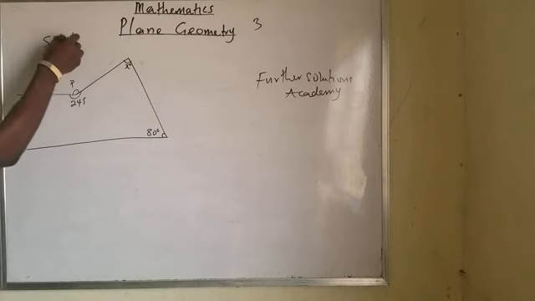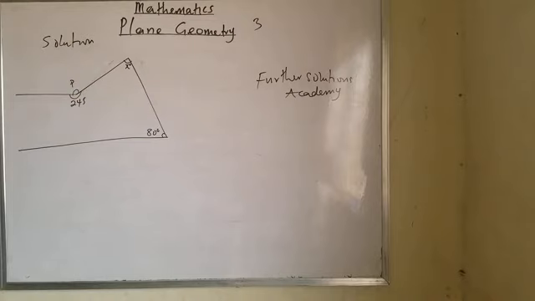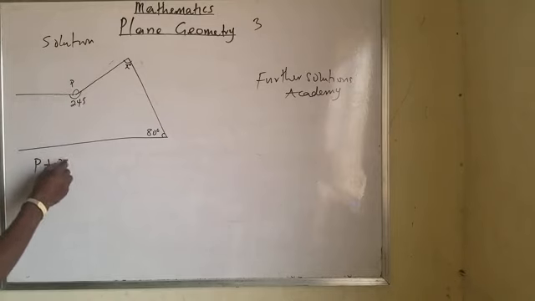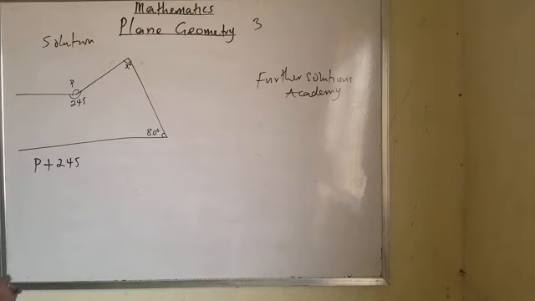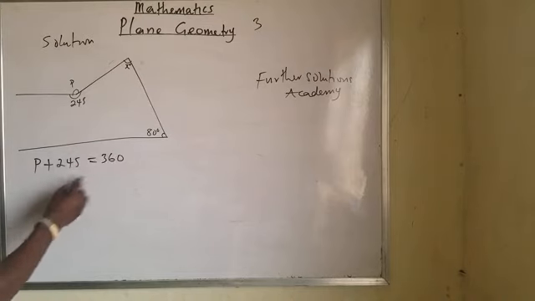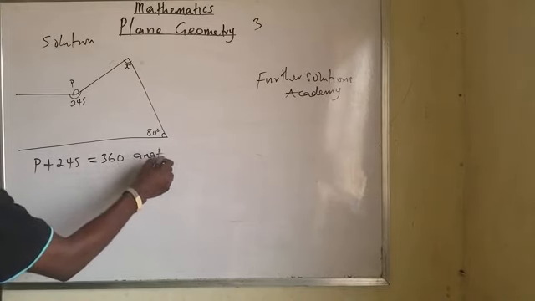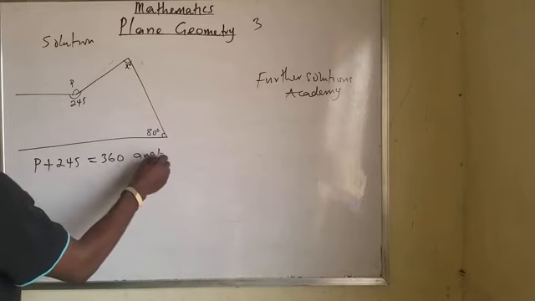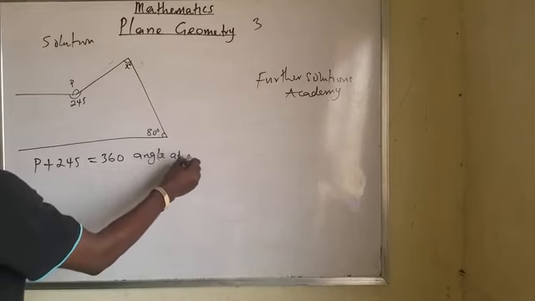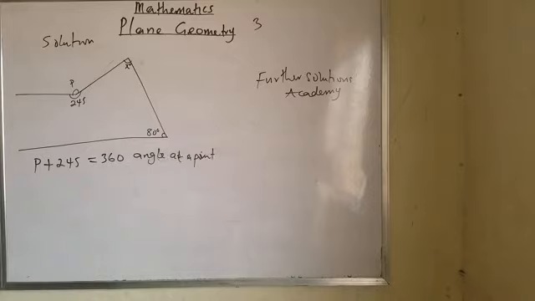Solution to this problem. If I were you, the first thing I would do is write P plus 245 equals 360, angle at a point.